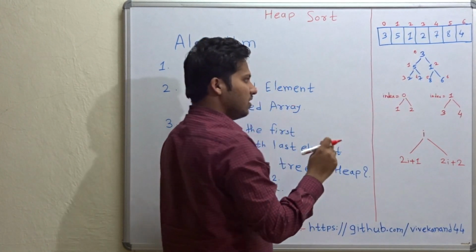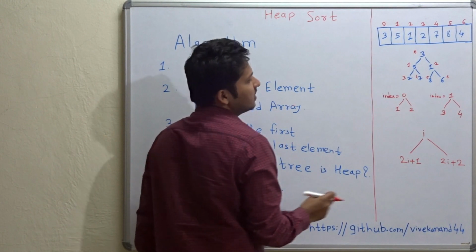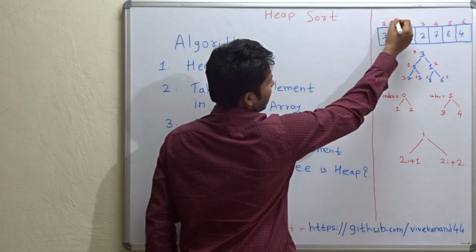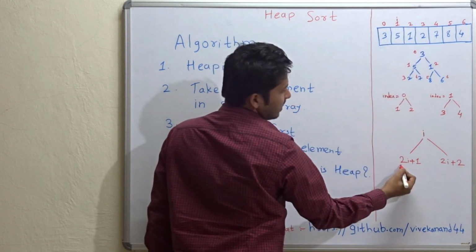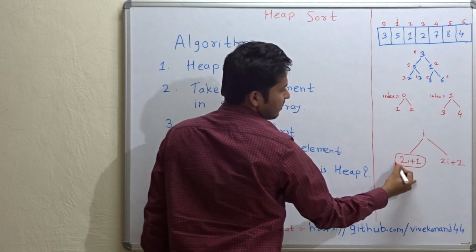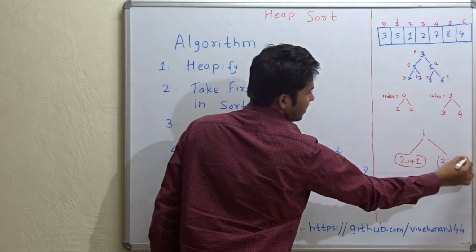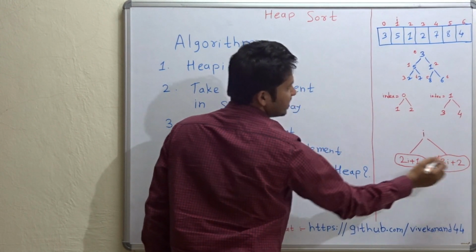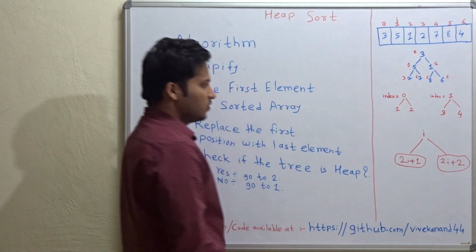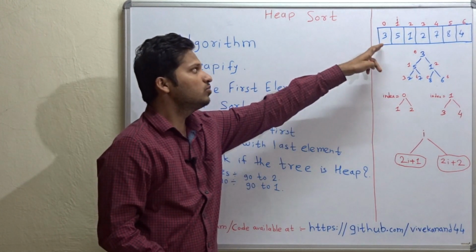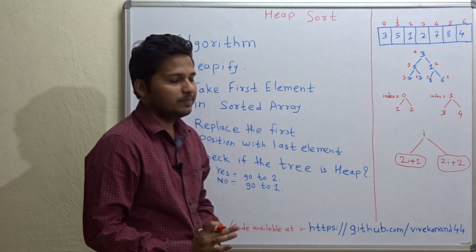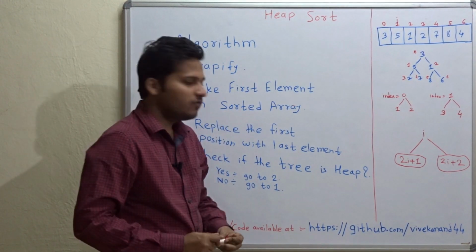So we understand from this that if index is i, then its left child will be at index 2i plus 1 and right child will be at index 2i plus 2. So by using this, we can use this array as a binary tree, and which I have done in the program.